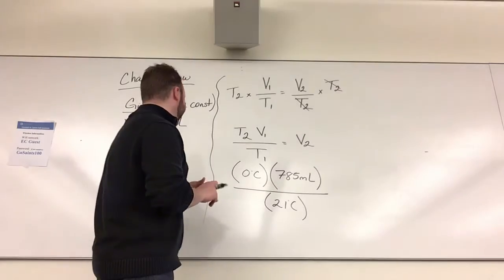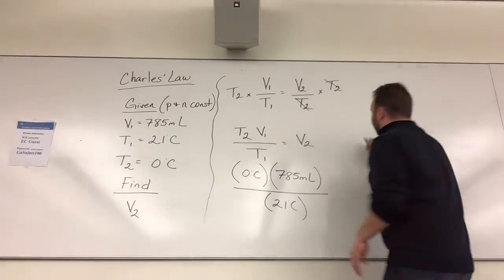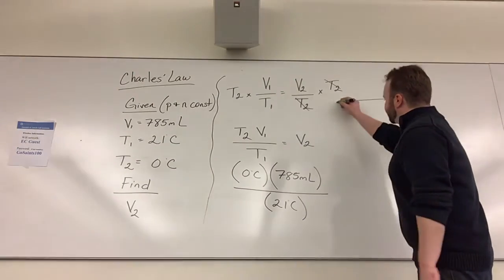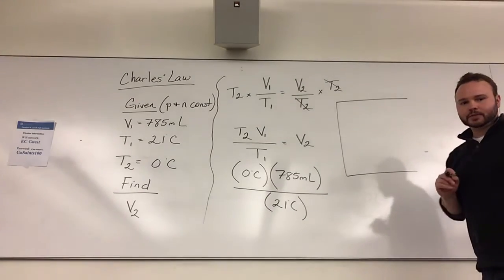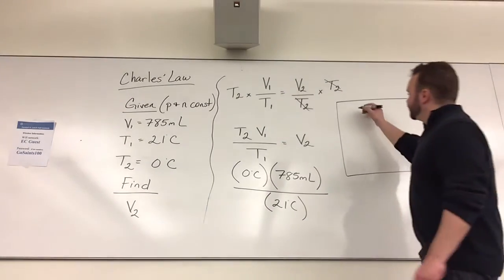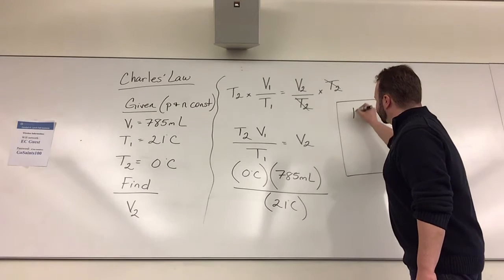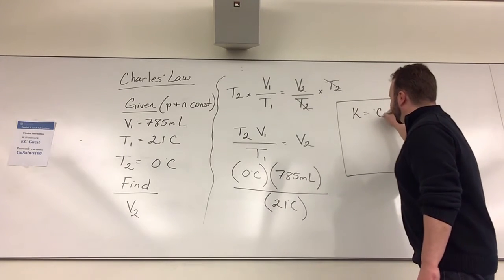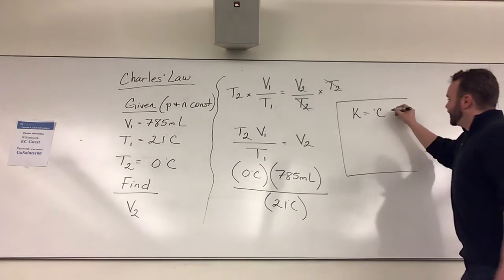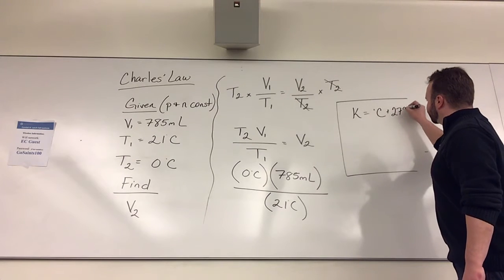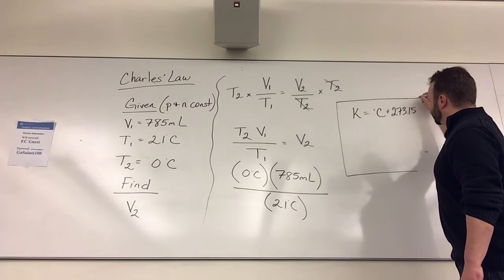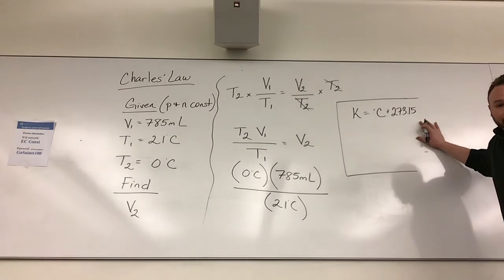So the way we do that, if we remember all the way back to chapter 2, I believe, we'll do a little side work. When we're converting to Kelvin, we take the amount we were in Celsius and then add the number 273.15. And hopefully that didn't go off the screen. Okay, good, we're good.